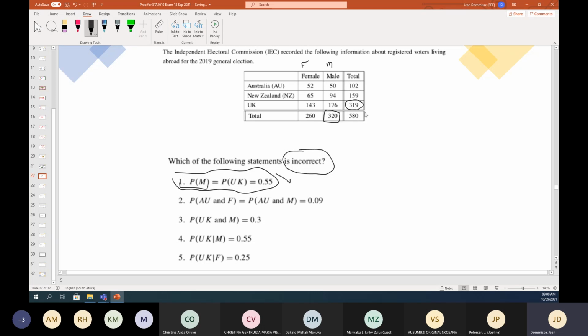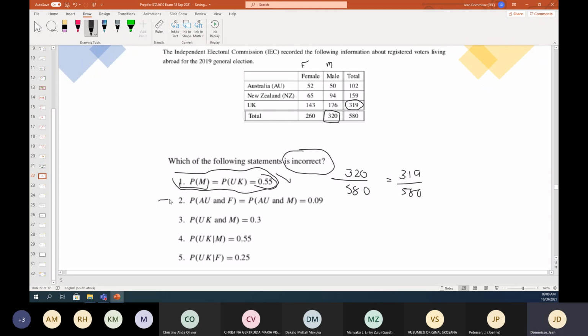Obviously, there's one difference, but if you round it off to 2 decimals, it's not going to be any difference. So 320 divided by 580 is going to be the same as 319 divided by 580. Okay, but that's to 2 decimals. I don't like this one because I would have said it's not correct.